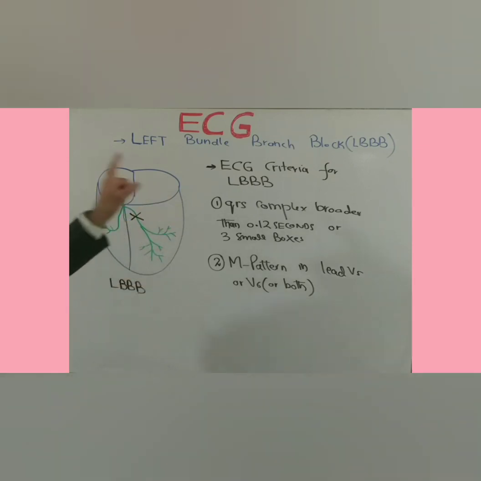So what is the ECG criteria for the diagnosis of left bundle branch block? The QRS will be broader than 3 small boxes or broader than 0.12 seconds, and there will be an M pattern in either lead V5 or V6 or both of these chest leads. So this is how we can easily diagnose a case of left bundle branch block by looking at the ECG, and this is a very important diagnosis to understand.